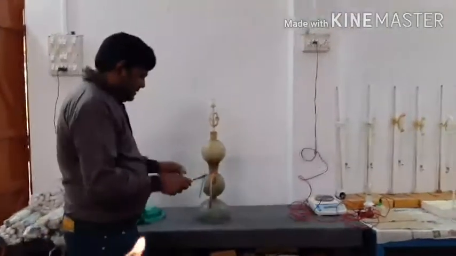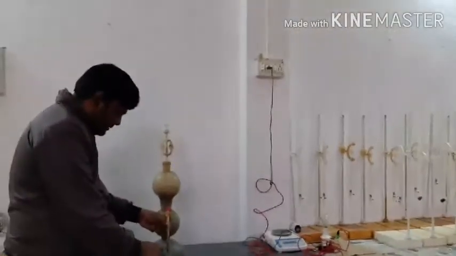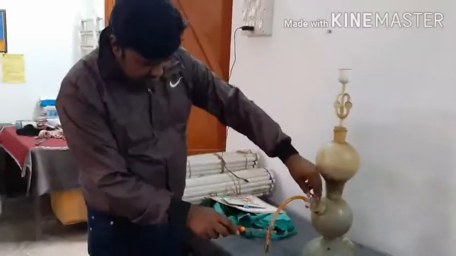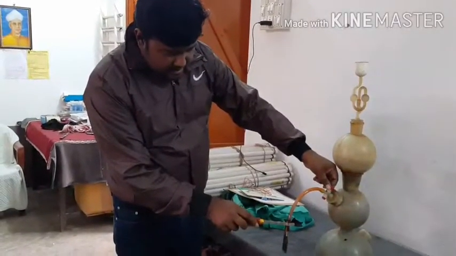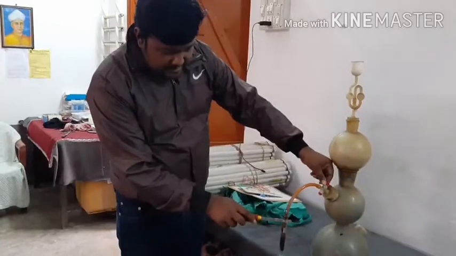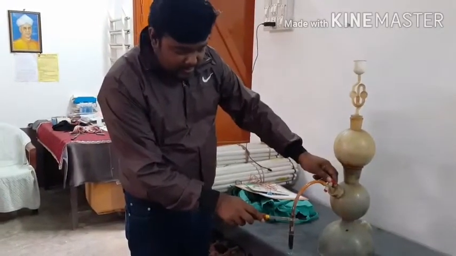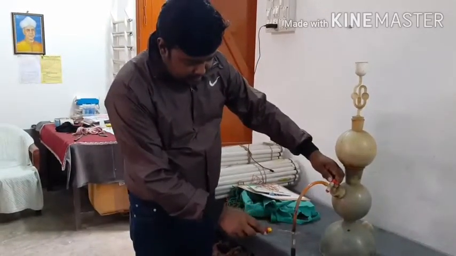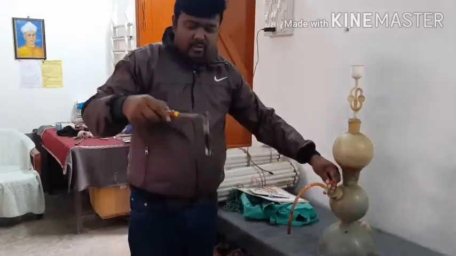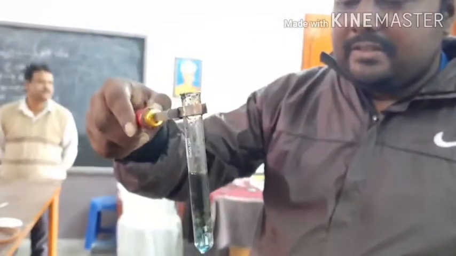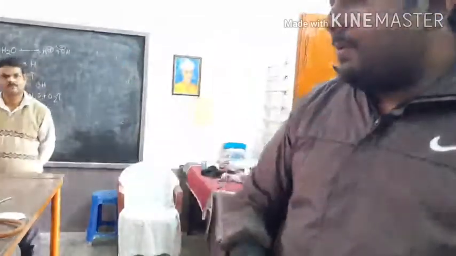After that we have to pass H2S gas. This is the apparatus from where we pass H2S gas. You see that the black precipitate is coming, which means Cu2+ may be present.